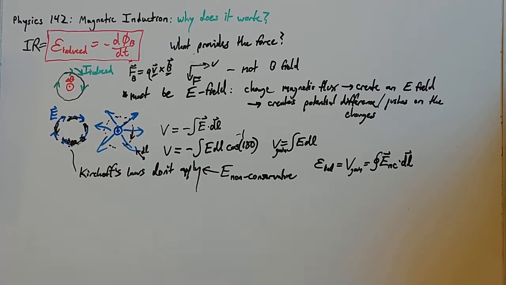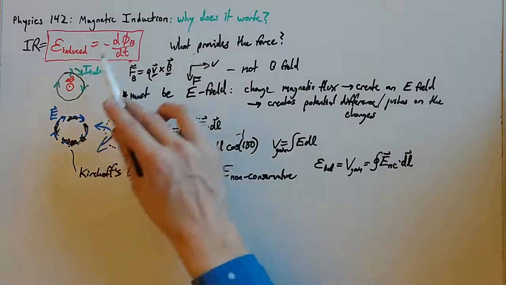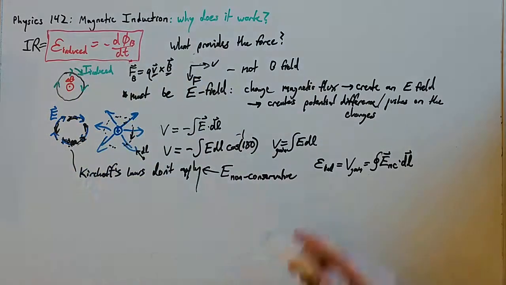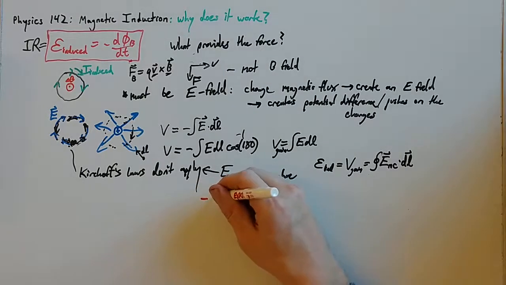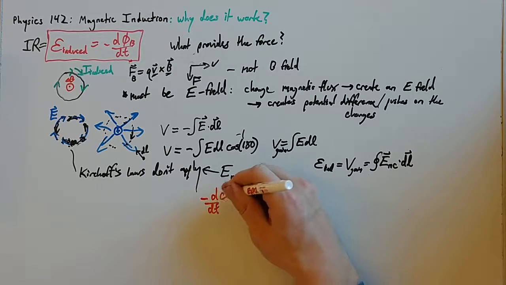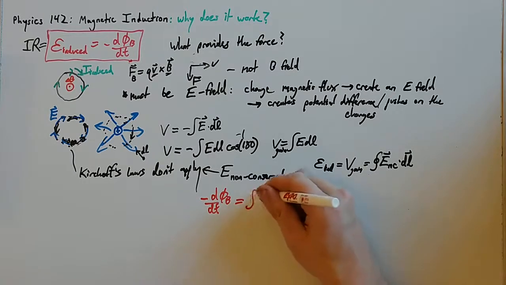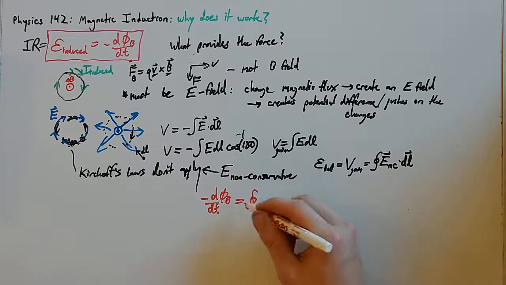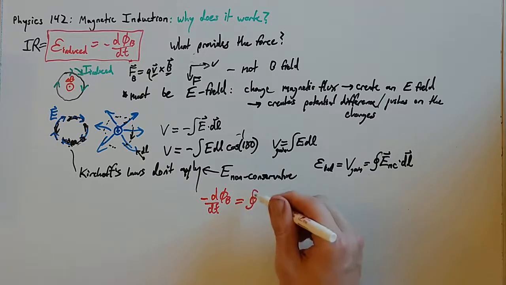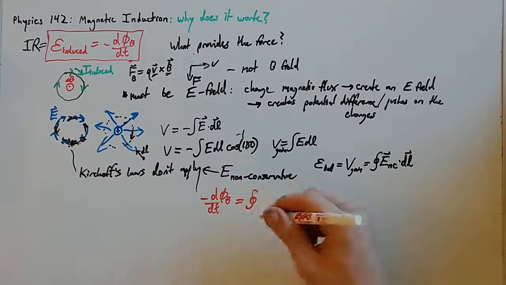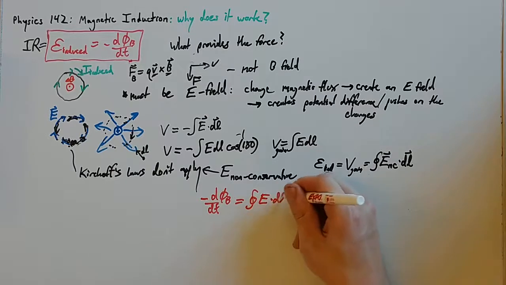And I should just point out that this means that we have another way of writing Faraday's law. What we can write is that the induced EMF is minus the change in flux with respect to time. So I'll write it in red, a new way of writing Faraday's law: minus d/dt of phi, the change in the flux, must be equal to a closed integral, that is, if you walk one full circle in this field, of E dot dl.